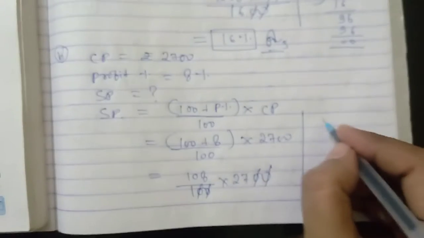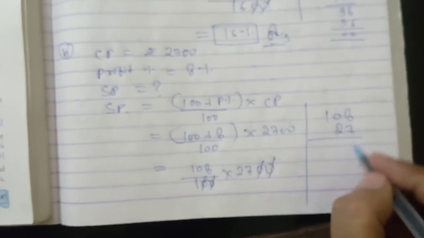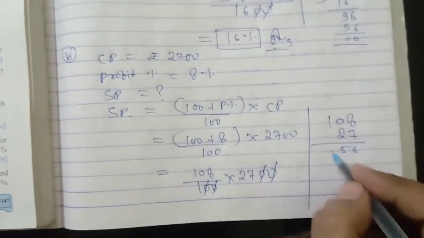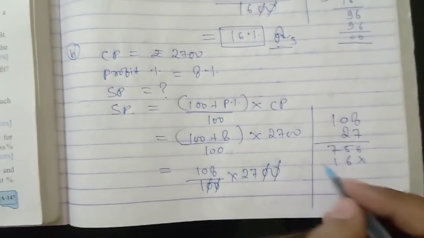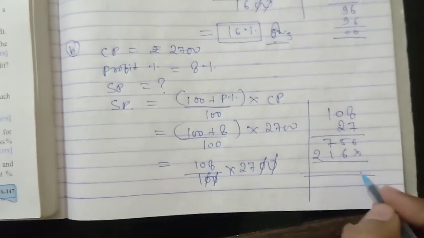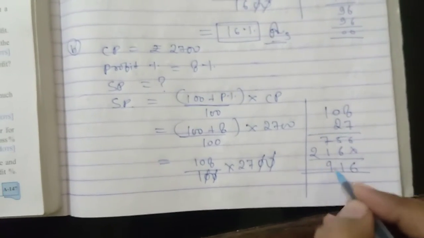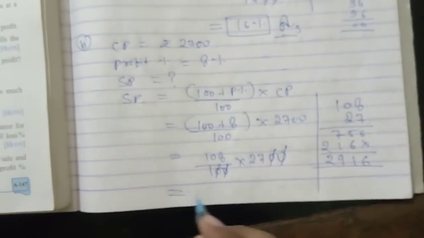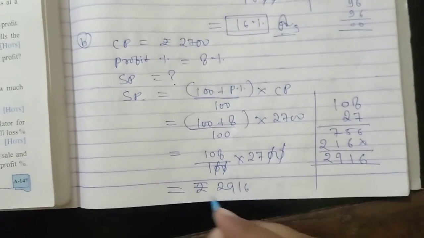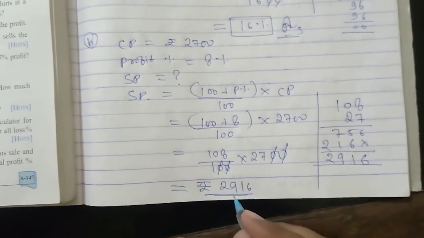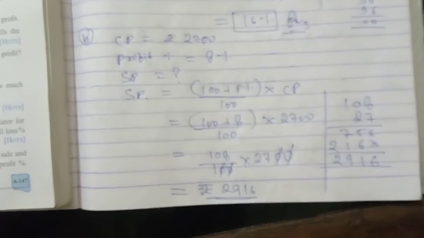Then multiply 108 by 27. After multiplying, we have rupees 2916. It is the SP of the given question.